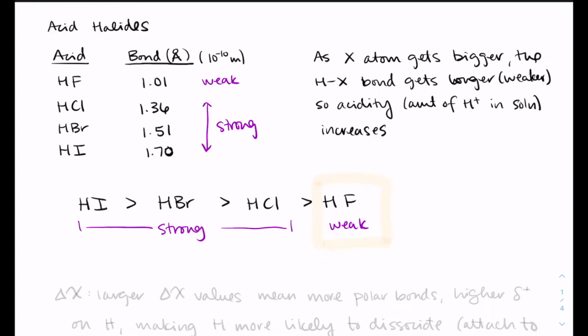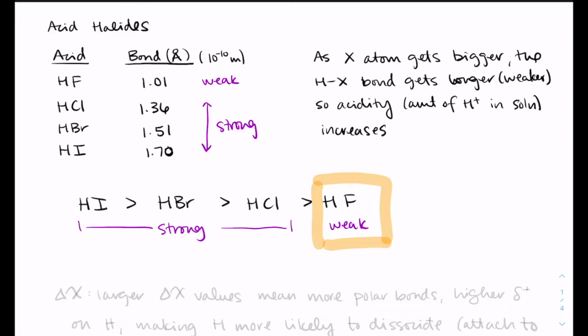Now, don't confuse strength with reactivity or dangerousness, right? Hydrochloric acid is a strong acid, but it's something that you use in lab, even at higher concentrations. Hydrofluoric acid has to be stored in a plastic container because it will dissolve glass.